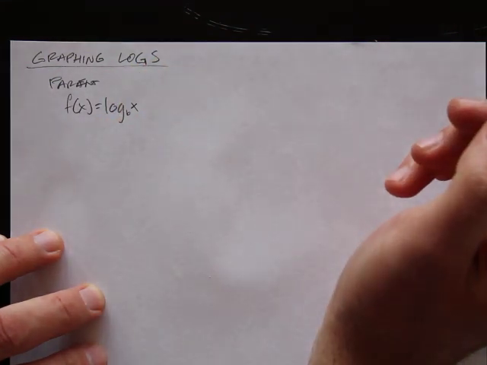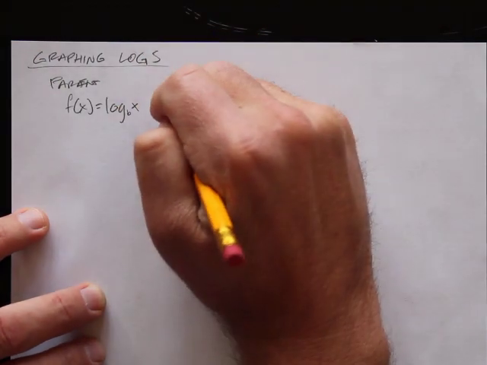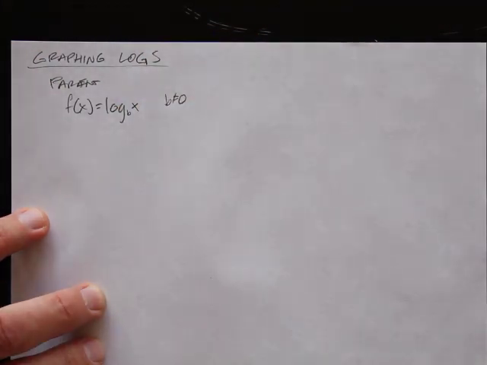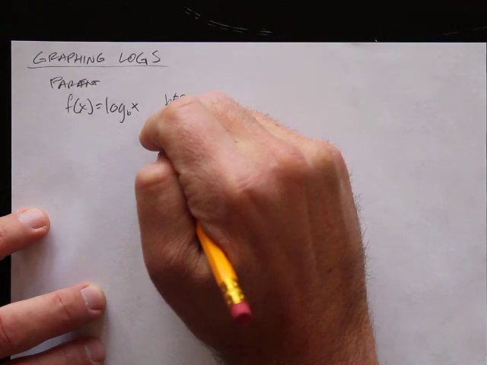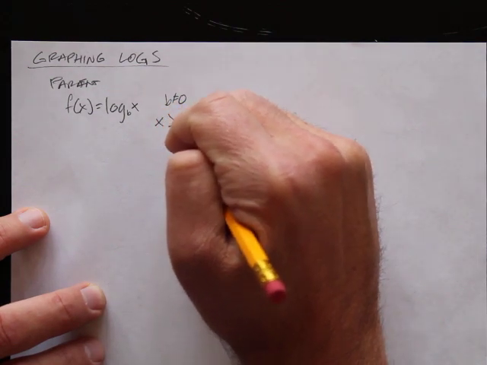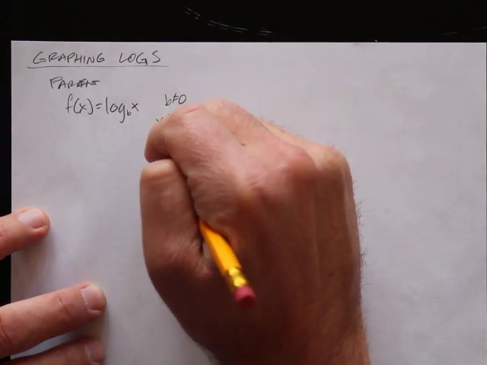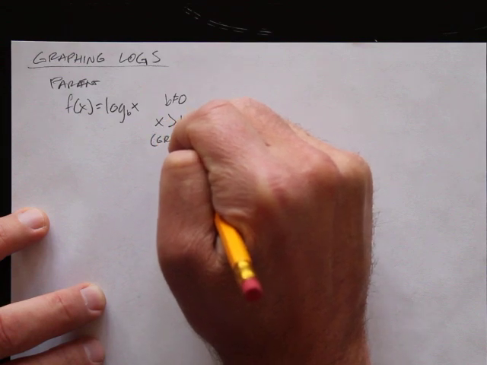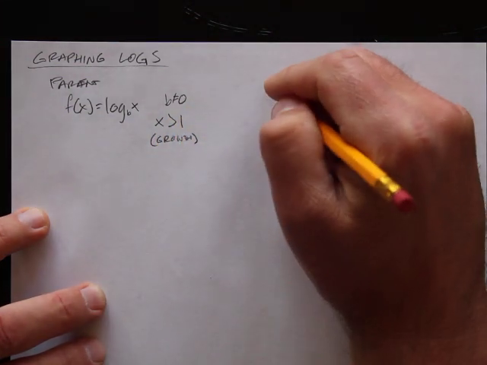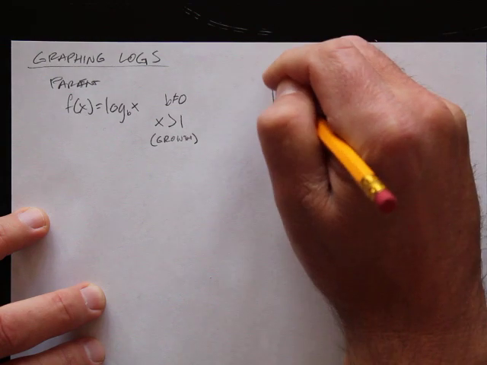That's it. Now, b cannot be 0, and we're looking at this one where b is greater than 1. If it's greater than 1, then we're going to have exponential growth. And so we're going to draw this.